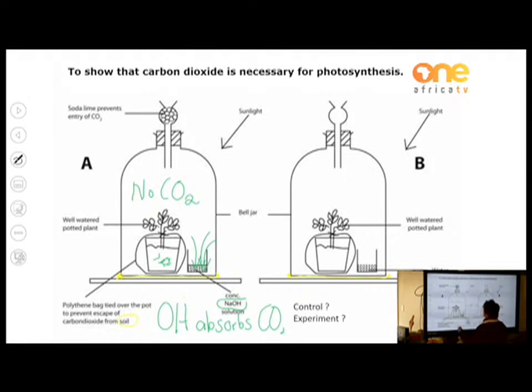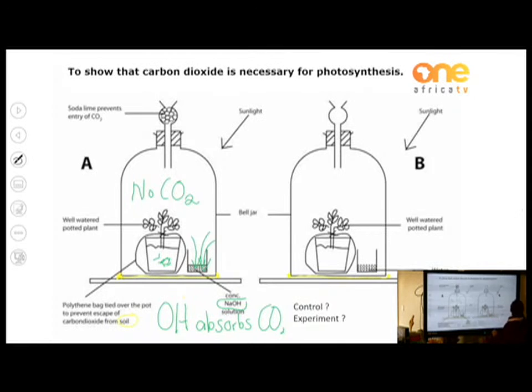Good. Soda lime absorbs it there as it moves. If there are any left in the air, they are absorbed there, preventing the microorganisms from releasing any carbon dioxide.